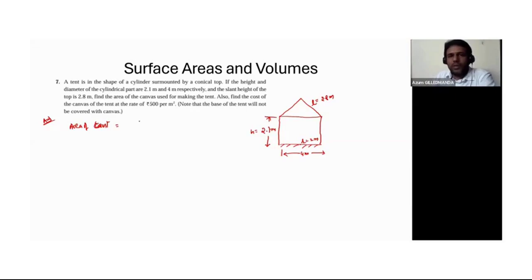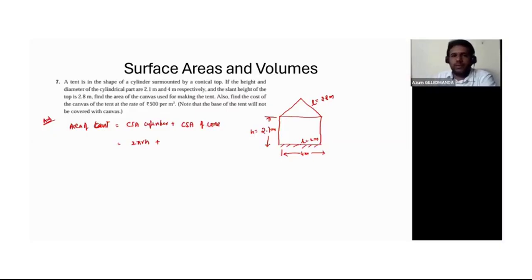So the area of tent equals CSA of cylinder plus CSA of cone, right? This is cylindrical plus this is cone. Now, what is the CSA of cylinder? Cylinder is 2 pi r into height h. So this is 2 pi r h plus what is CSA of cone?